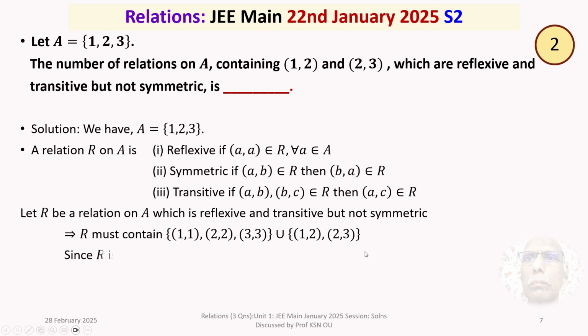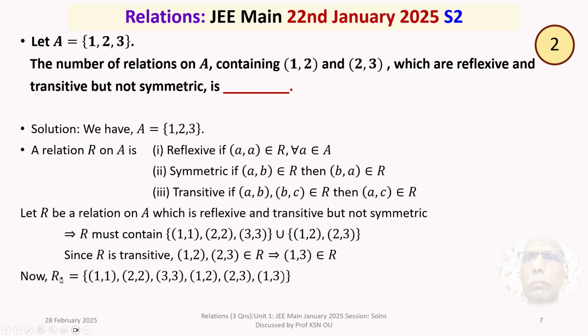Now, since R is transitive, (1, 2) belongs to R, (2, 3) belongs to R. By transitivity, (1, 3) should be there in R. So we adjoin this (1, 3). Now let's call the relation R1, the set consisting of (1, 1), (2, 2), (3, 3) by reflexivity, (1, 2), (2, 3), and using transitivity, you get (1, 3).